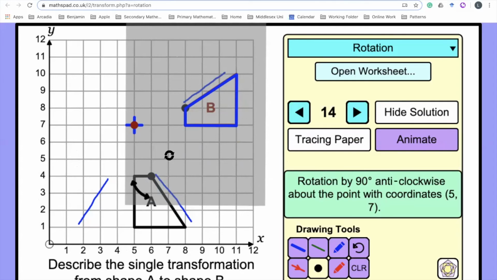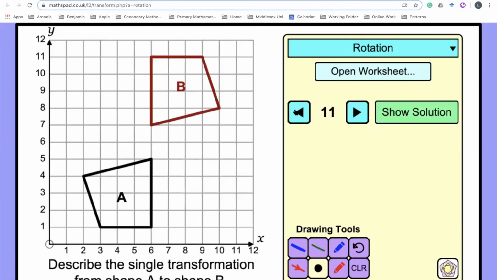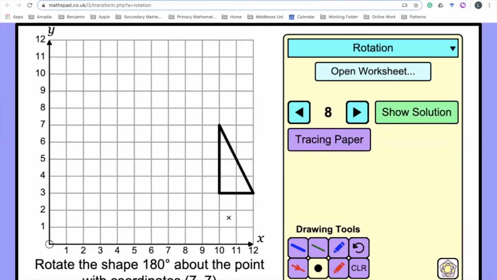Now, I just want to let you know that we do this topic in year 7. We'll do it again in year 8 and year 9. We'll do it again in year 10. By the time we do this in year 10, you have the idea on where these centers of rotations appear. Now, if I just go back a little bit with questions like this.